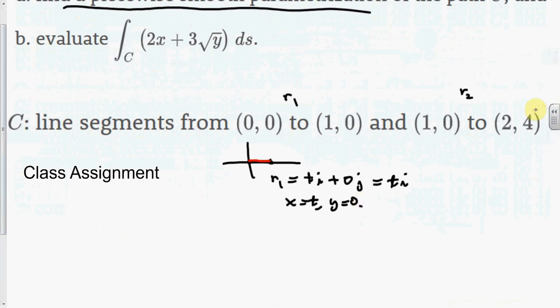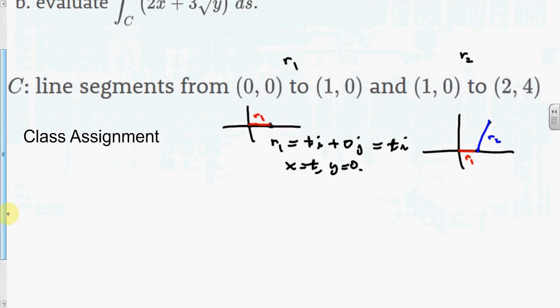Now for that second part, let's look at its graph. It goes from 1 comma 0 to 2 comma 4. Now for R sub 2, we just resort back to algebra, and we have to determine the equation of the line.